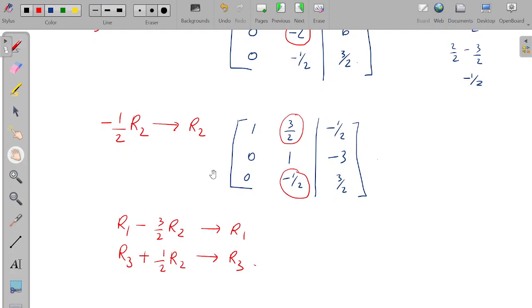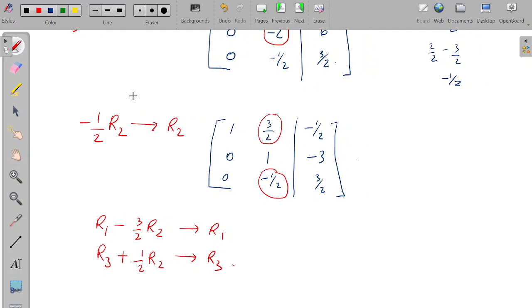All right, so now let's find the matrix of that. Row 2 is not changing, so I leave it like that. Row 1 changes to row 1 minus 3 over 2 row 2. 3 over 2 minus 3 over 2 times 1 is 0.